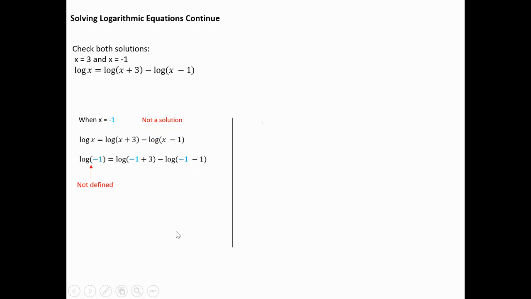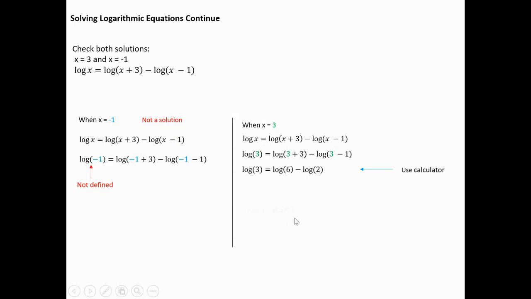Now let's try x equals 3. I'm going to plug in 3 for every x, here, here, and here. So we're going to get log of 3 equals log of 6 minus log of 2. Here I can put it in the calculator, or I can use the quotient rule to condense it.